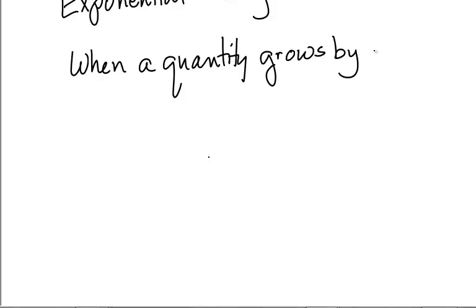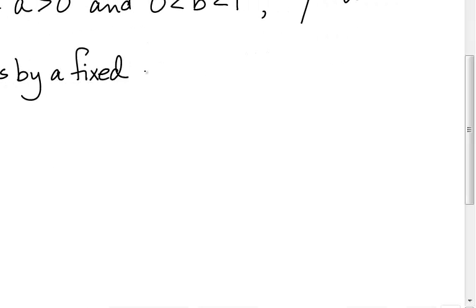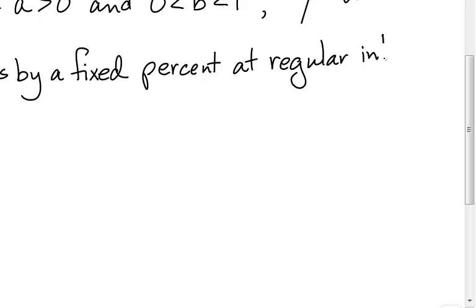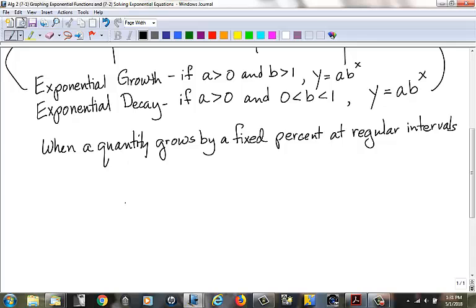When a quantity grows by a fixed percent at regular intervals, the pattern can be represented by one of two formulas.